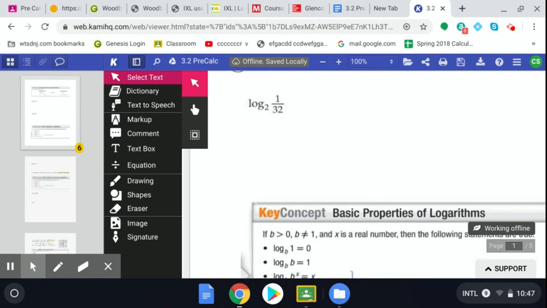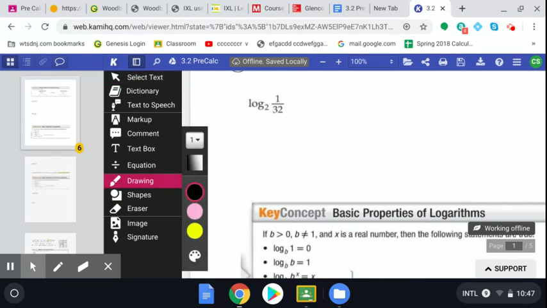So if you move on to the second example that I have, you have here log base 2 of 1 over 32. Essentially I would be asking myself 2 to what power would give me 1 over 32. Now I know that 2 to the 5th power is 32.